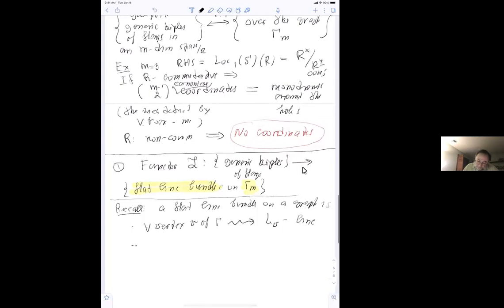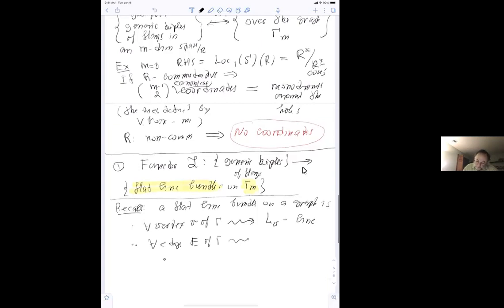And then for any edge E of gamma, with endpoints V and W, you have to assign the parallel transport, a certain isomorphism from L_V to L_W.